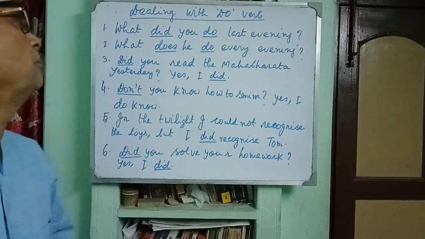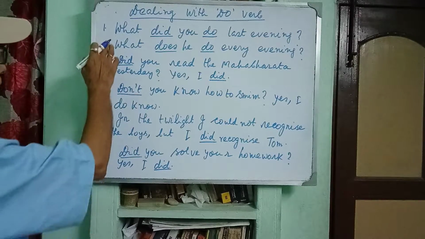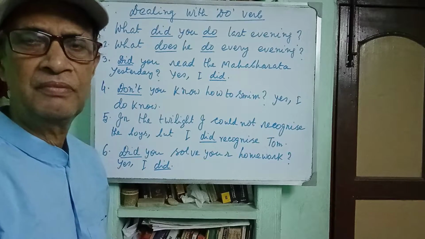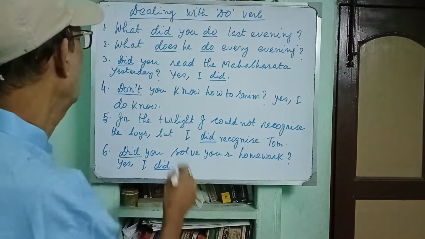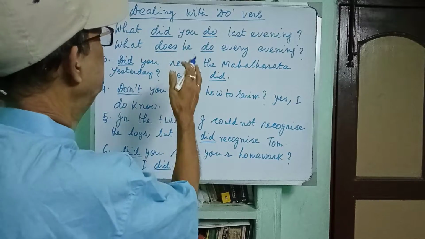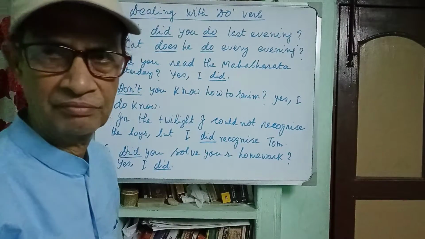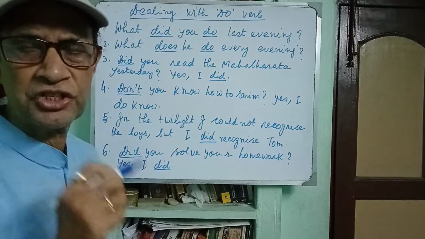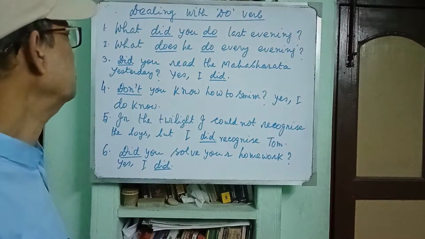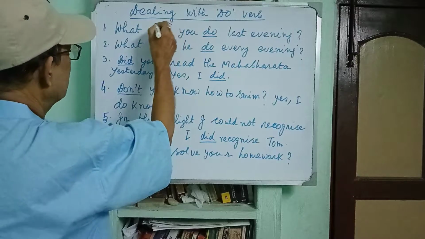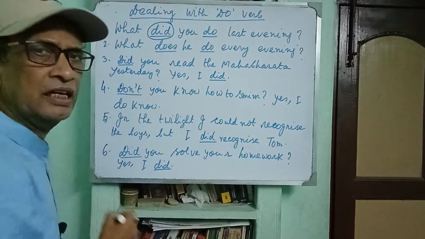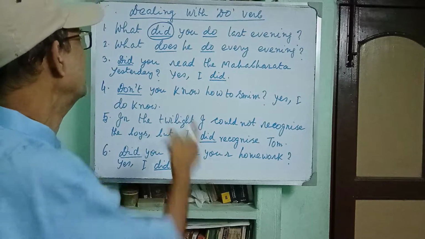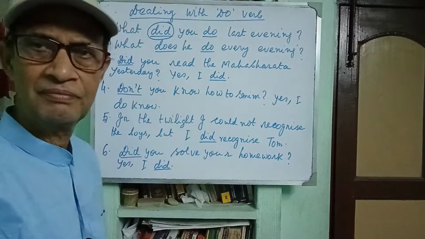For example, the first example that I have written on the board: what did you do last evening? You see that this did is the past form of do, and it is an auxiliary verb.